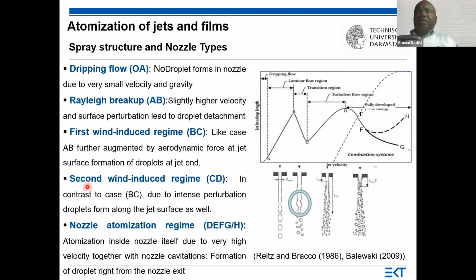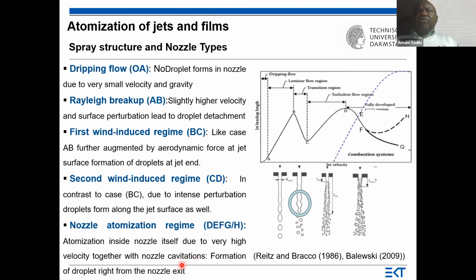Either we have the second wind-induced regime, where we have intense perturbation and droplets form along the jet surface as well, like this one. Or, for the nozzle atomization regime, atomization starts inside the nozzle itself due to very high velocity, together with nozzle cavitation, as I told our participant a few minutes ago.